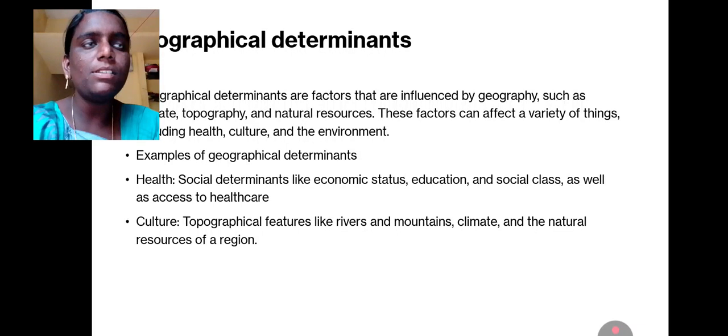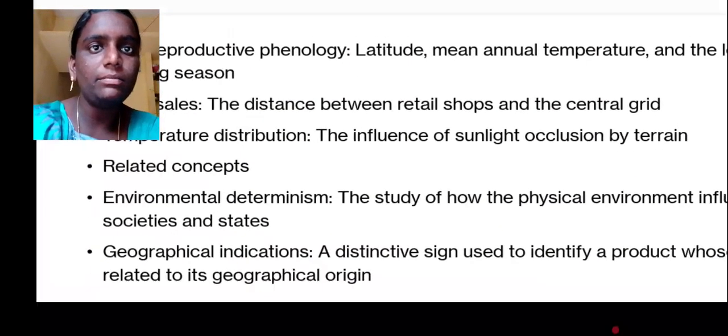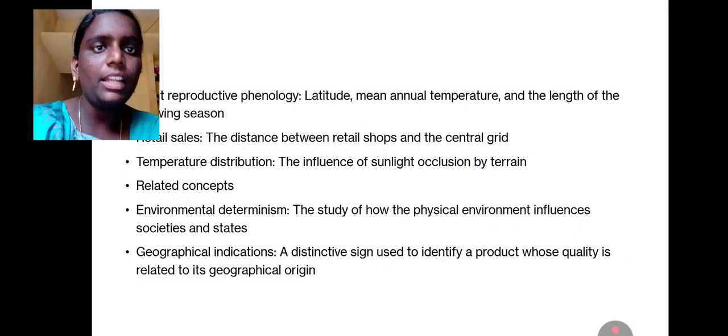Topographical features include mountains and the climate and natural resources of the region. Next, the temperature and length of the seasons, and the distance from the central region.